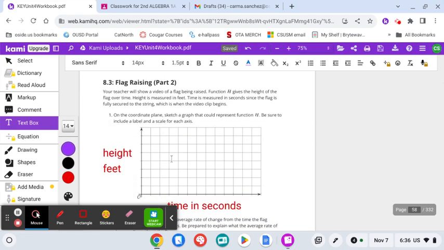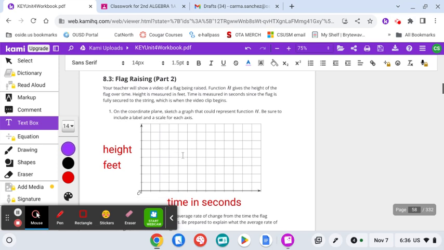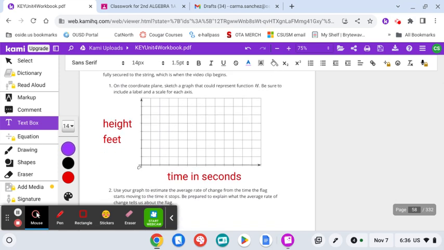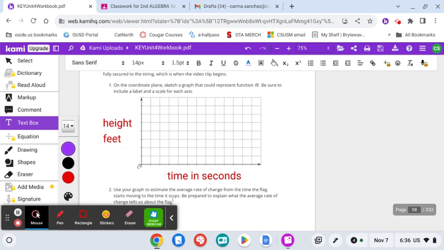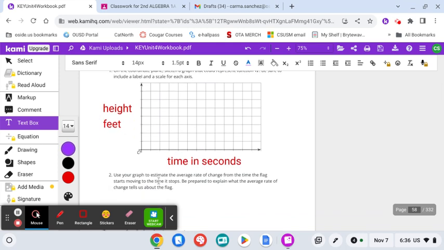All right, finally, we're going to go ahead and search up a video of a flag being raised, and then I want you to sketch a graph that could represent that function. If you go look on the assignment, there is a link to watching this flag get raised. So label your axis time, label your axis height, pause the video and go try to sketch this out. Use your graph to estimate the average rate of change from the time it starts moving to the time it stops.